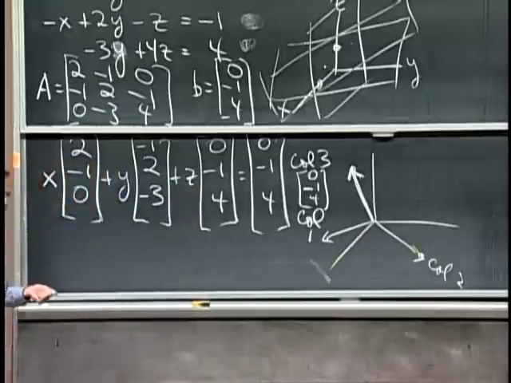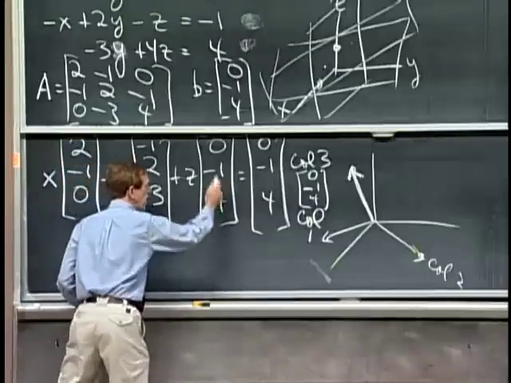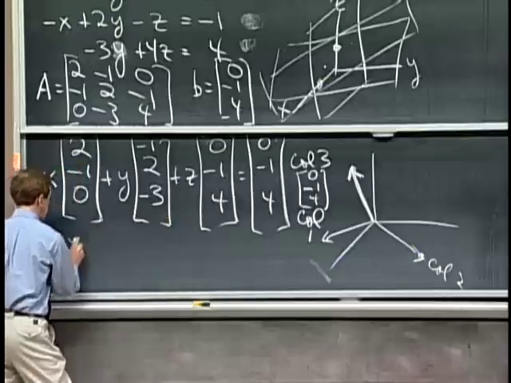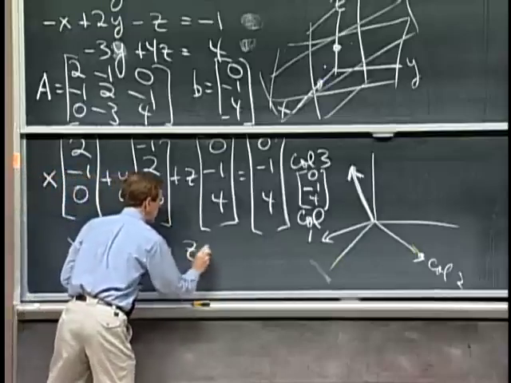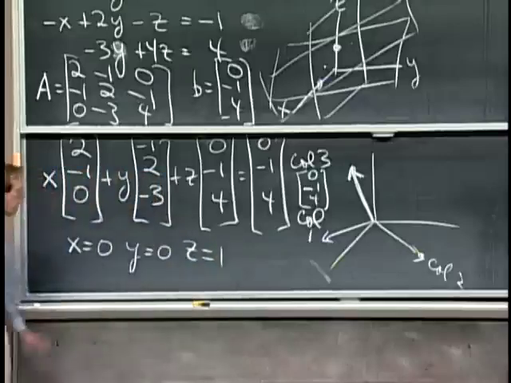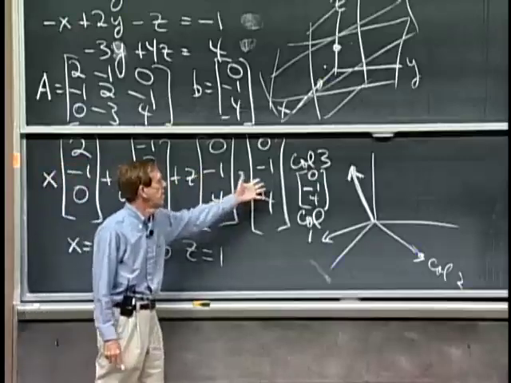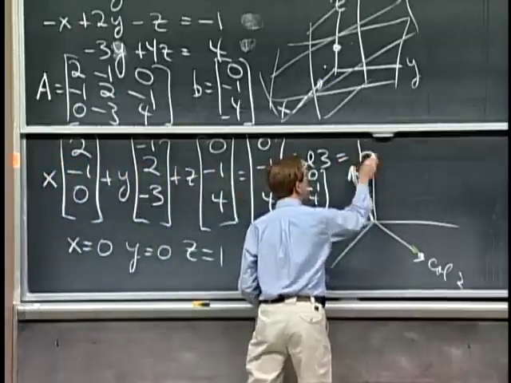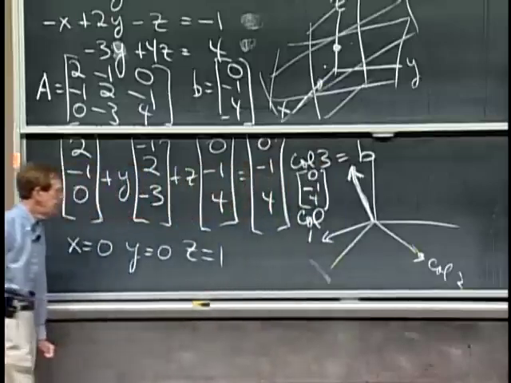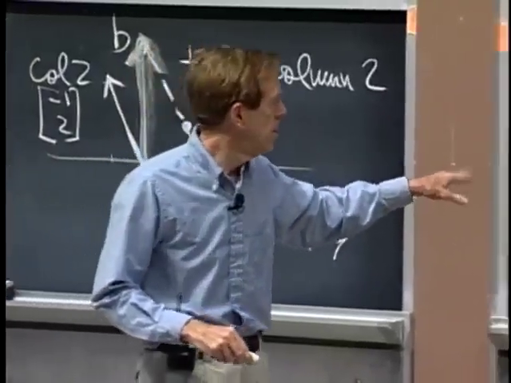So what's the solution? What combination will work? I just want one of these and none of these. So x should be 0, y should be 0, and z should be 1. That's the combination. None of that. One of those is obviously the right one. So this column 3 is actually the same as b in this particular problem. I made it work that way just so we would get an answer, 0, 0, 1.